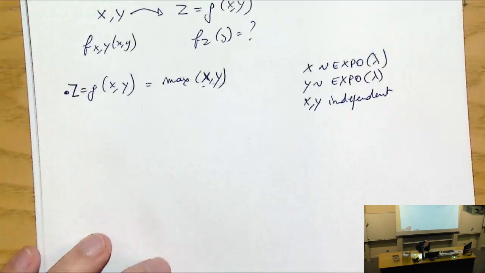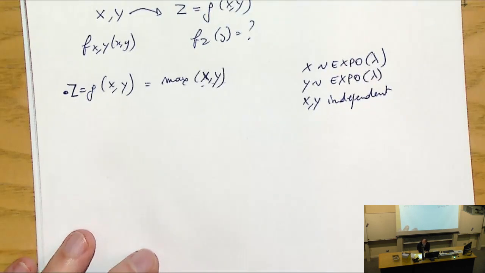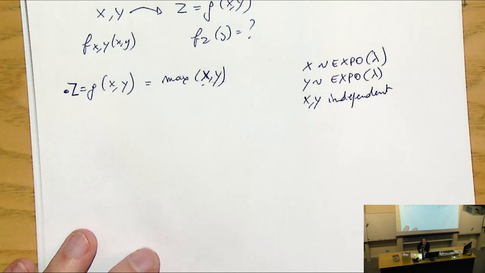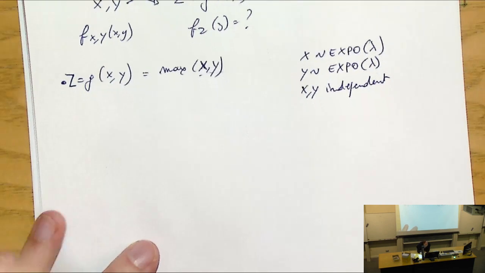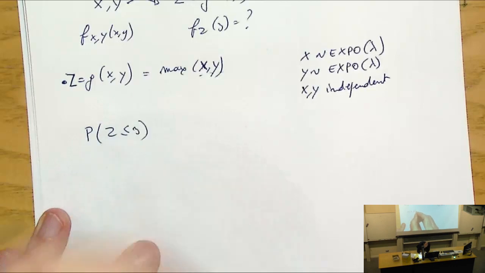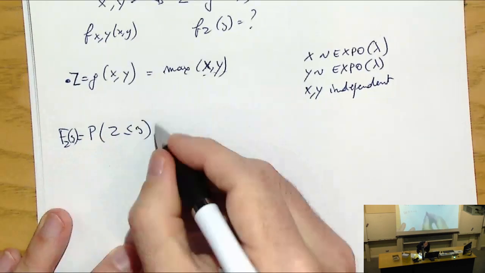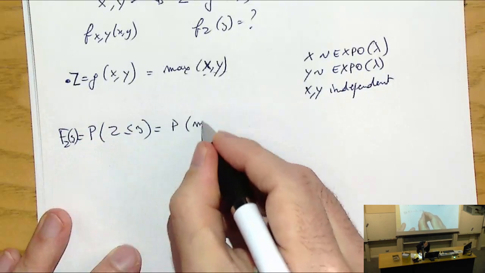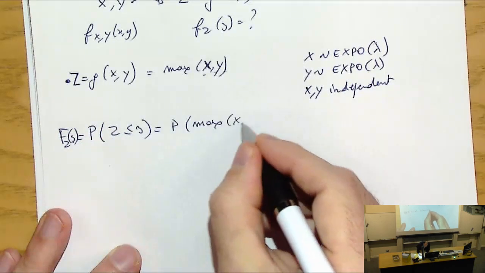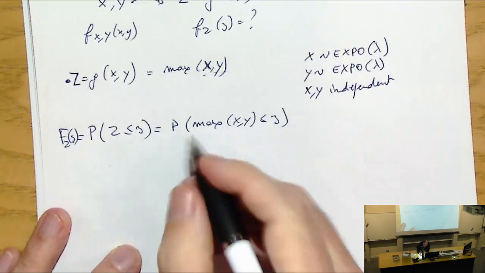Well, we can use what we have done so far, which is starting from the CDF of z, and from there, try to find the PDF of z. So what we can write is the probability that z is smaller or equal to this. This is the CDF of z evaluated at z. This is the probability that the max of x, y is smaller or equal to z, right?